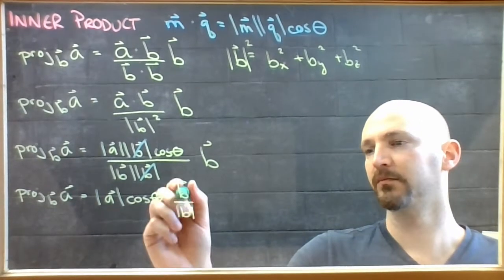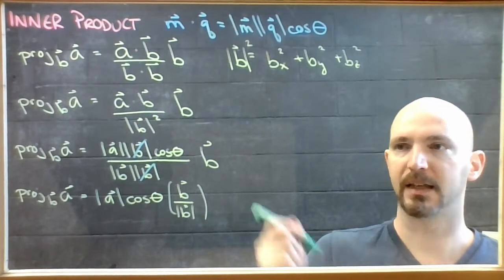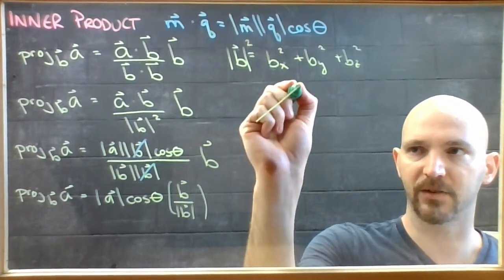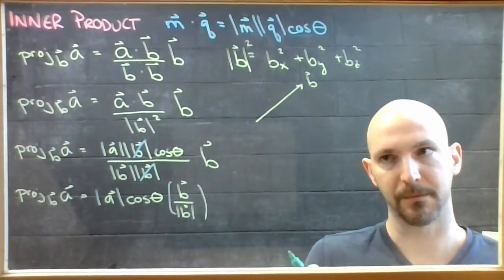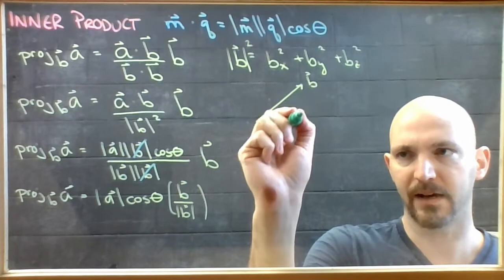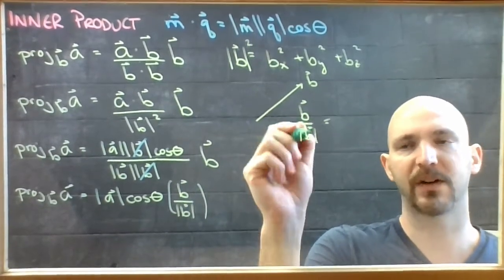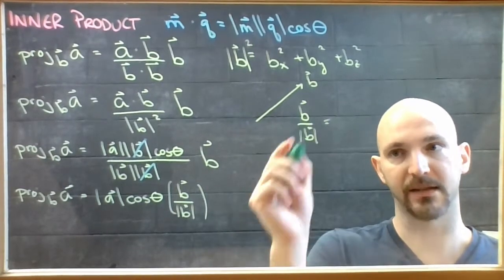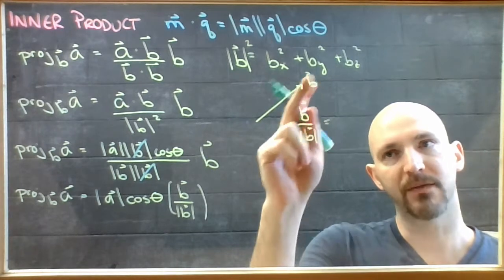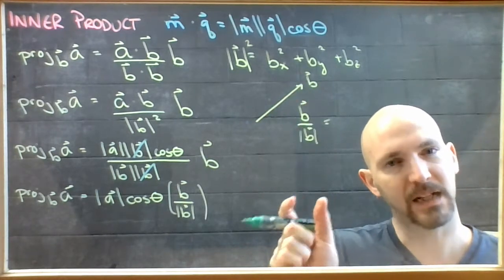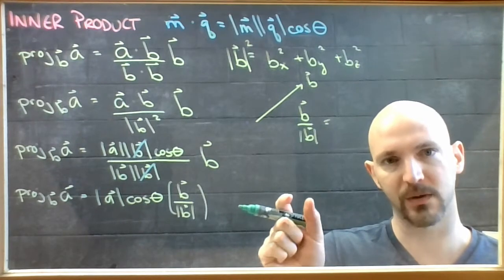Now, what I've got here then is I take this vector b and I divide it by its length. So what I'd have then, vector b divided by its length, if you divide anything by its own size, you end up with something that has a length of 1. And if you have a vector that is exactly 1 unit long, you call that a unit vector, right? It's just 1 unit long.